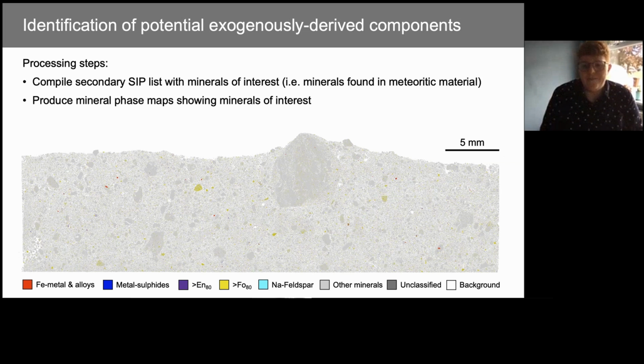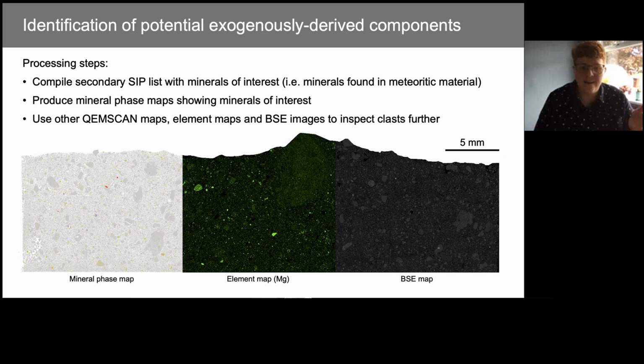The caveat of this is that unfortunately minerals found in meteorites could also be found in lunar environments, so it's not a diagnostic tool in itself. But it did allow us to target certain areas using other ChemScan maps and element maps. So this is a magnesium element map shown in the middle, and backscatter maps to really have a look at these classes in more detail.